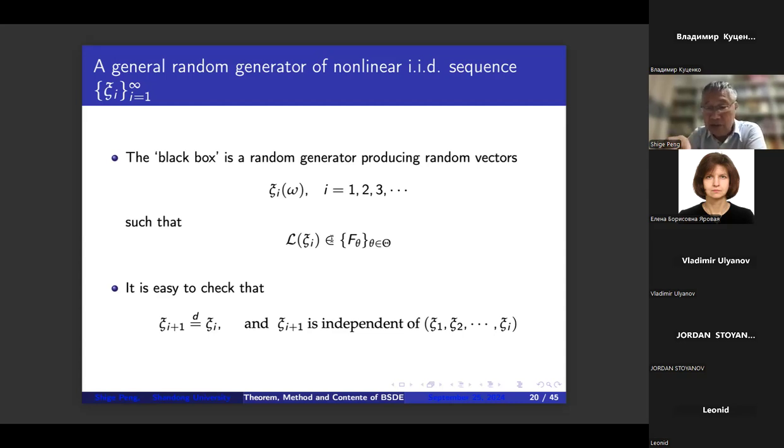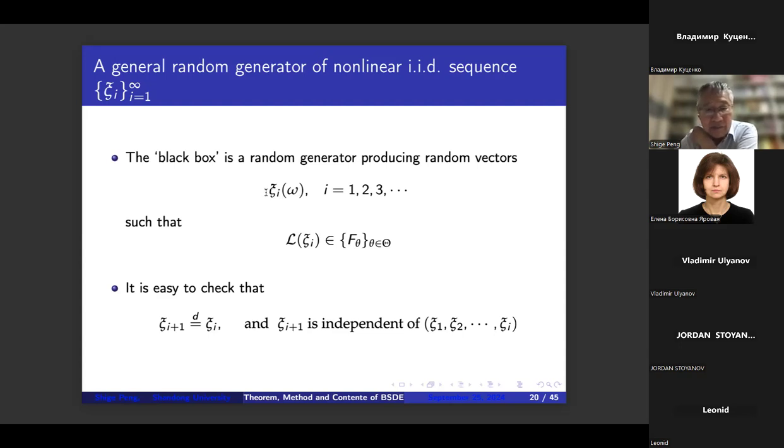Here we don't know the distribution. We know only a set of distributions. Each time, it can change from this f theta 1 to another f theta 2. So in this case, we have the nonlinear IID.